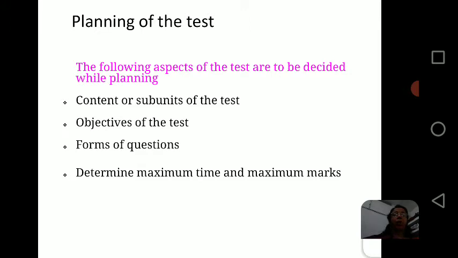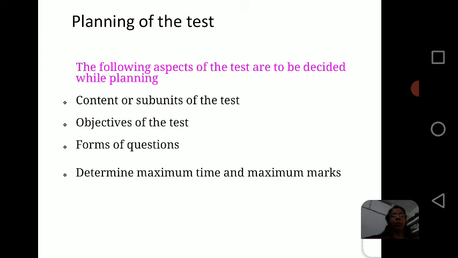Then the second one is objectives of the test. What are the objectives formulated by you before the teaching learning process? They have to be defined before the execution of the test, or during the planning of the test.